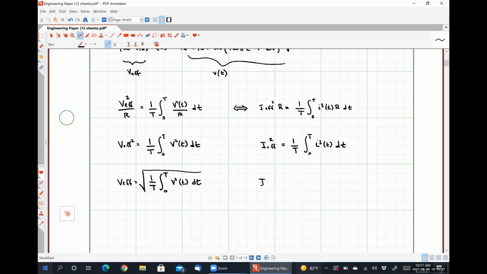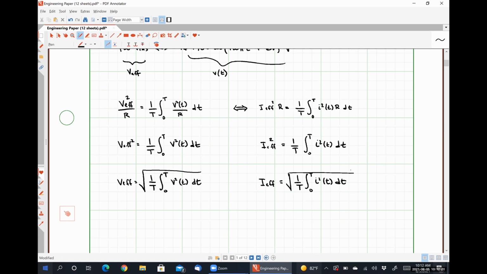And similarly, the effective value of a periodic current becomes the square root of 1 over T times the integral from 0 to T of I squared of t dt, like so. So we actually wind up taking the effective value of a voltage waveform and a current waveform using the exact same equation. So that's pretty handy as well.